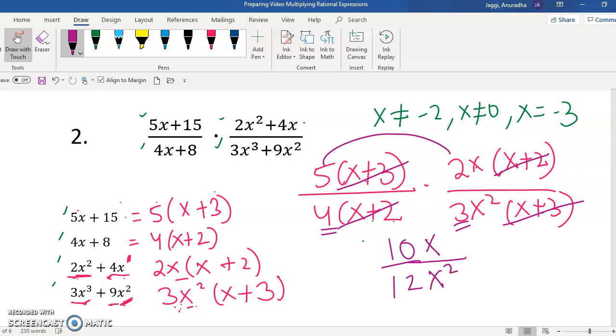I need to simplify further now. So 10 divided by 12, you can simplify this ratio. 2 is a GCF, 2 times 5 is 10, and 2 times 6 is 12.